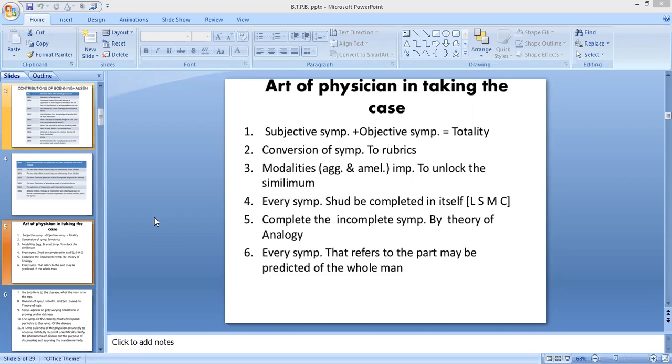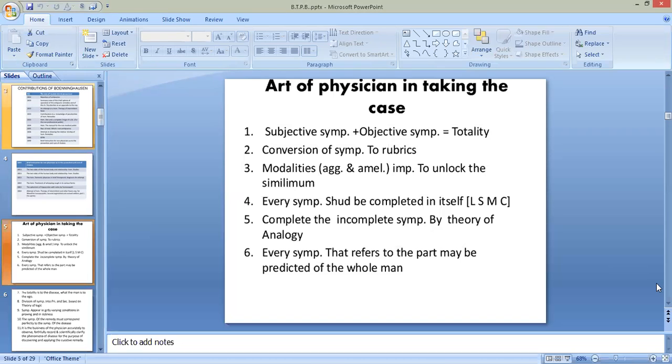So which remedies are complementary? What is a complementary remedy? It is the remedy that, many times after giving the first medicine to the patient, he partially feels better, but some symptoms remain.